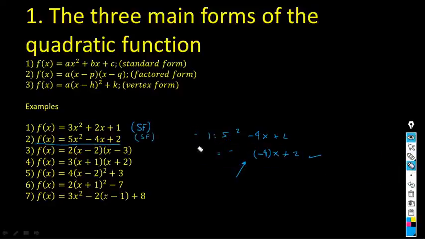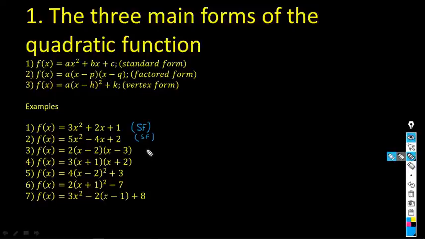Okay, now look at number 3 and tell me whether it looks like one of these. Try to identify. So as you could see, it completely matches the factor form, right?